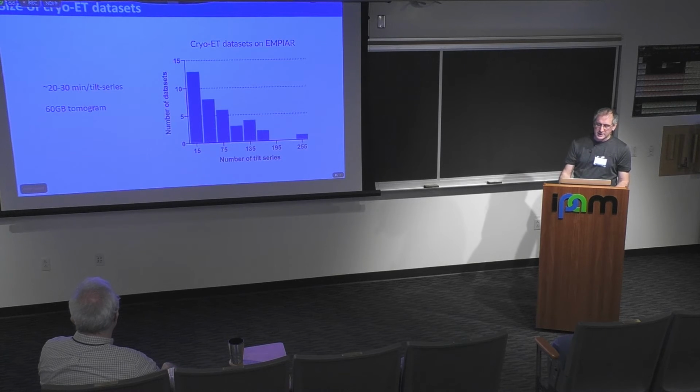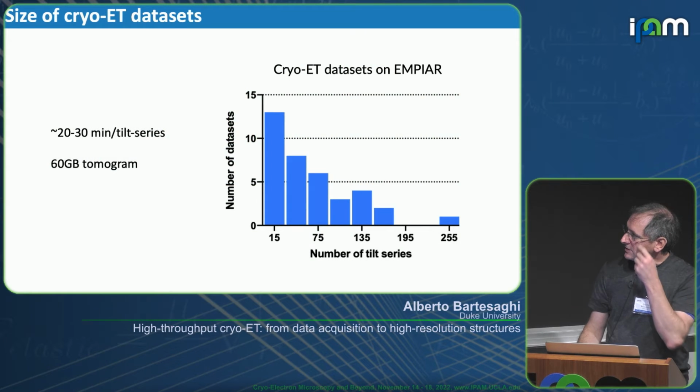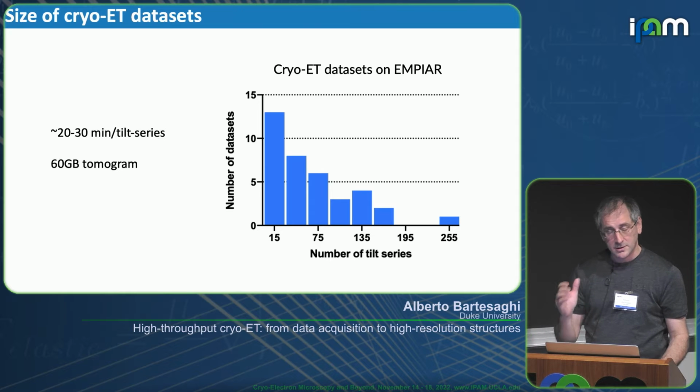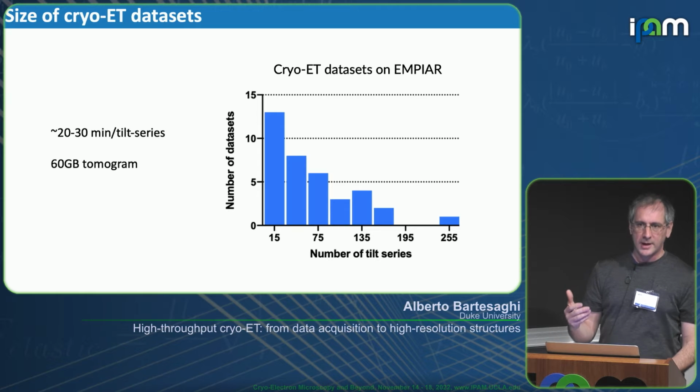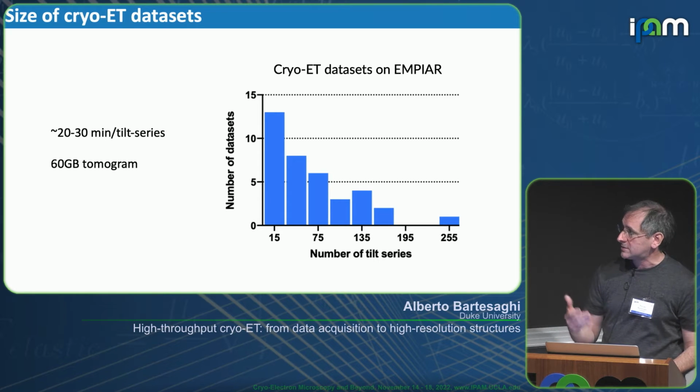One thing that came up a few times during this meeting is that a single tomogram can be quite big, roughly 60 gigabytes, just to give people an idea. In terms of data collection, they take a long time to collect compared to single particle. It's between 20 and 30 minutes, depending on the microscope, the camera, and the conditions.